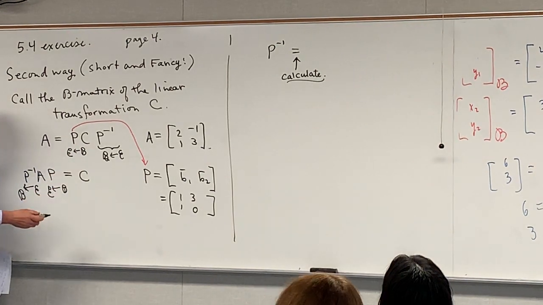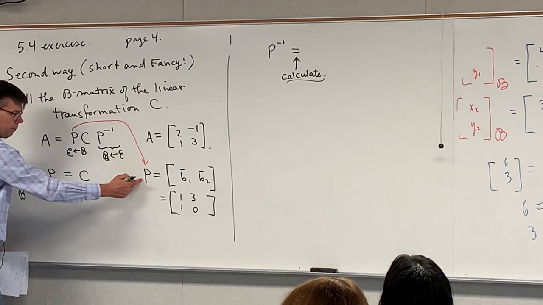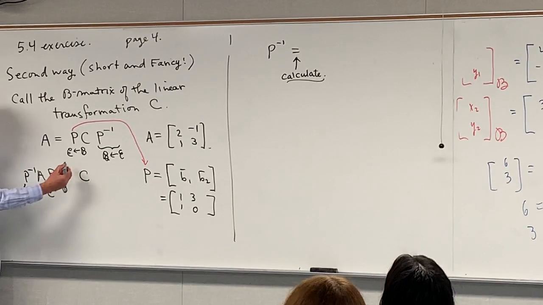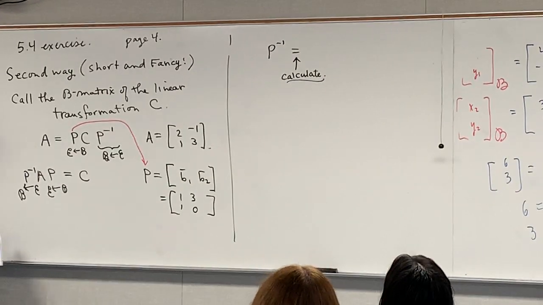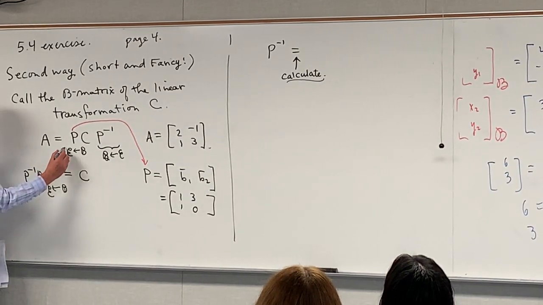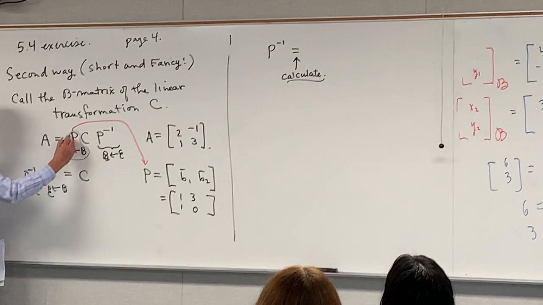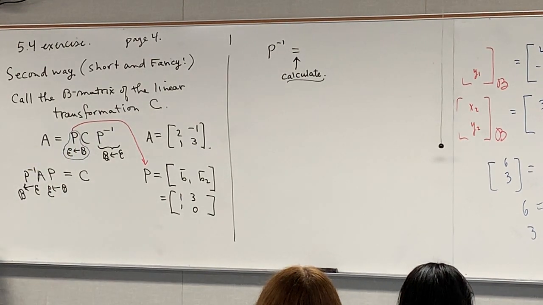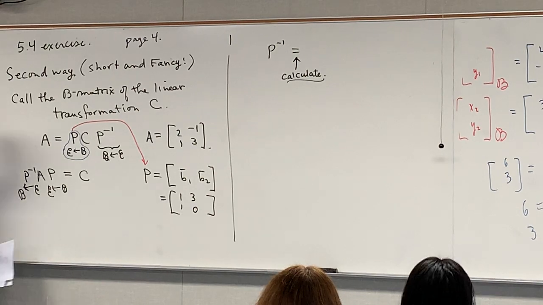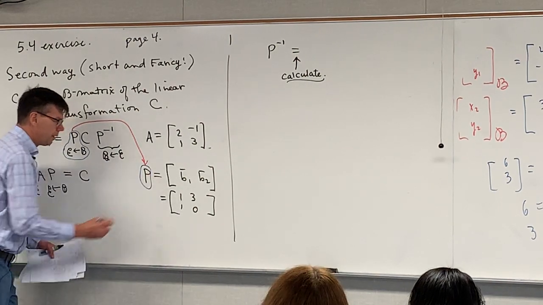The thing to know is that P here is what changes B coordinates to E coordinates. It bothers me that you find that confusing. So that's just this guy, right?